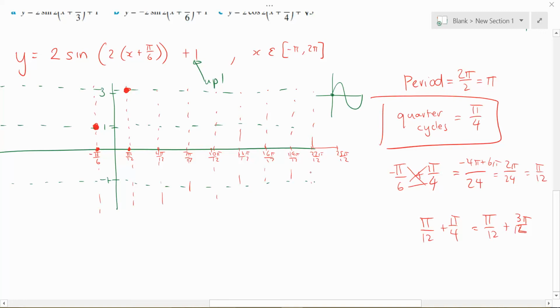You started off here, left by pi on 6, up by 1. That's where you start. Top, middle, bottom, middle, top. You just follow. So if I just follow that, it now goes here, middle, to the bottom, to the top. I mean to the middle, to the top, to the middle, to the bottom, and then to the middle.